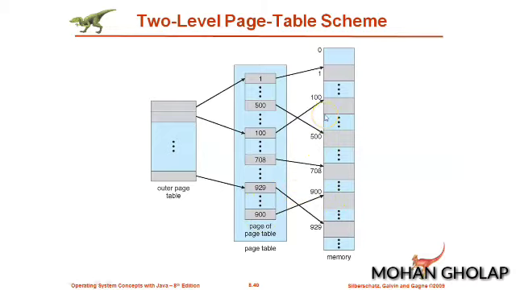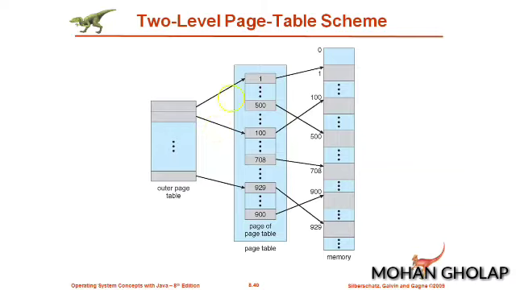So here, a logical address on a 32-bit machine with 1000 page size is divided into the page number consisting of 22 bits and the page offset. Each logical address is divided into two parts, the page number and the page offset.